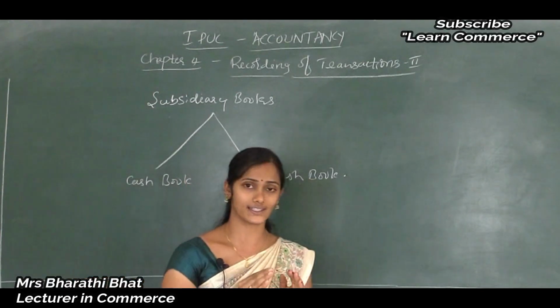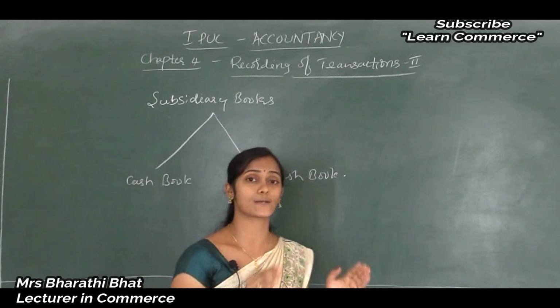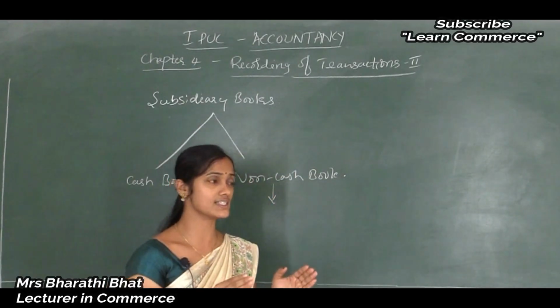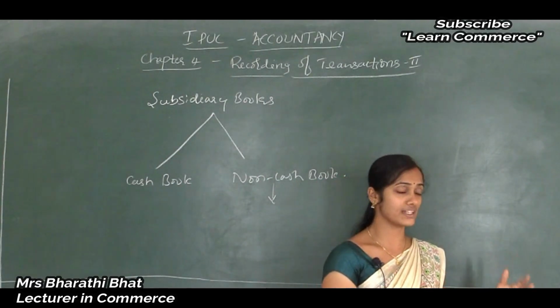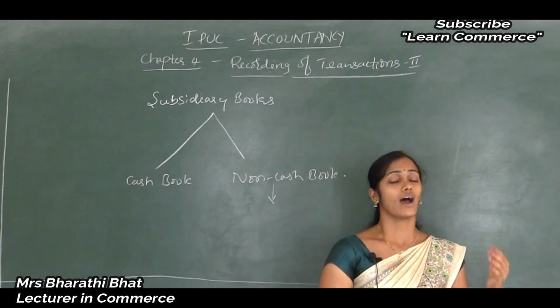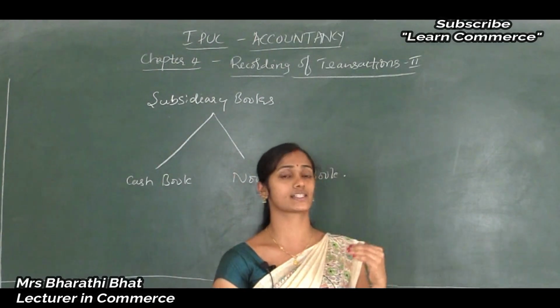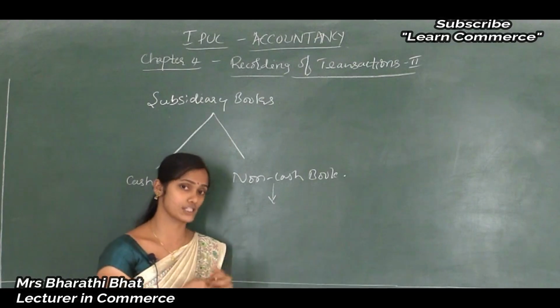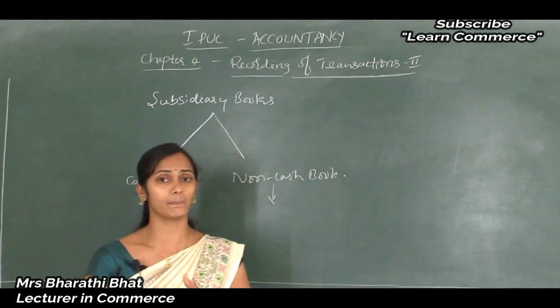To record credit transactions, organizations maintain separate subsidiary books. It means to record credit purchases, they maintain the purchase book, and to record credit sales, they prepare the sales book, and the sales return book, and even the purchase return book.